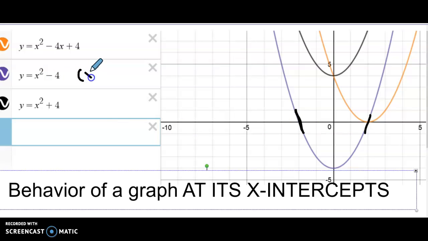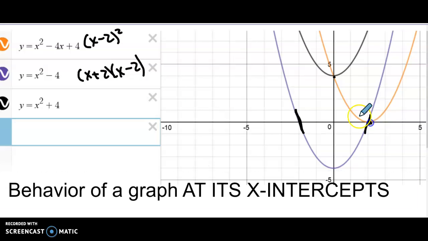X squared minus 4 is (x plus 2)(x minus 2). Remember, difference of squares? Okay, x squared plus 4 is way up here. It never hits the x-axis. Okay, and this is (x minus 2) squared. So it just touches the x-axis once. It doesn't actually cross over.